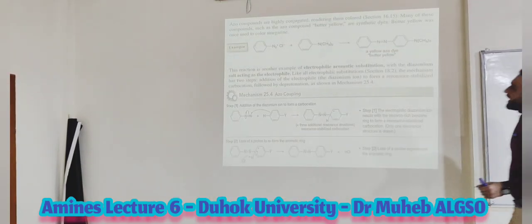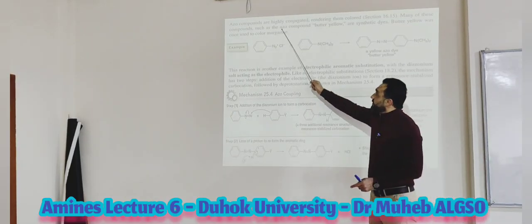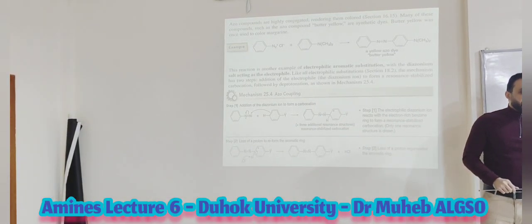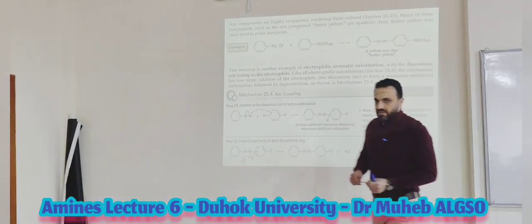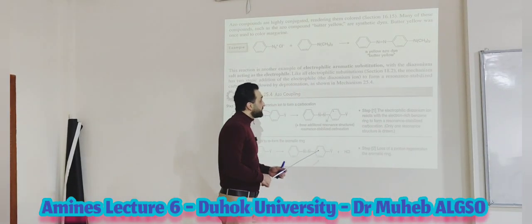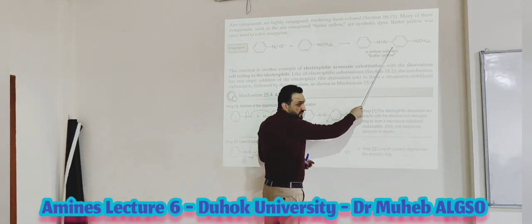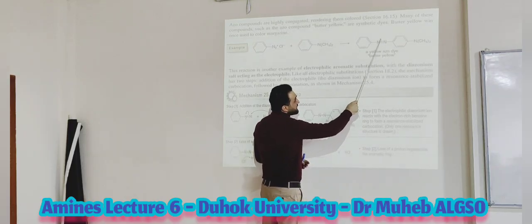So azo compounds are highly conjugated. We said azo compound, meaning what? Meaning we have a conjugated system. Double, single, double, single. If you look at this azo compound, the benzene rings are conjugated, yes? And the conjugation continues with single, double, single, double.